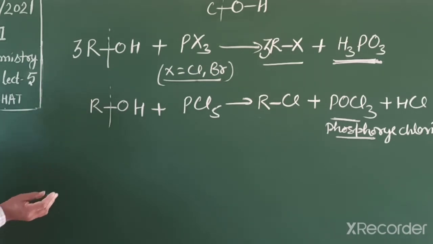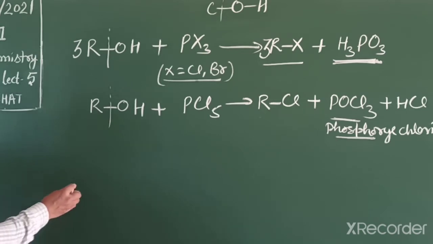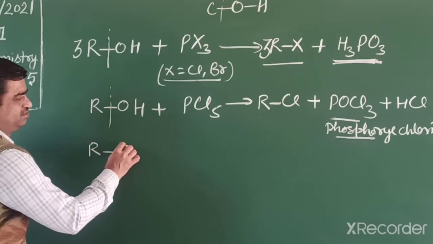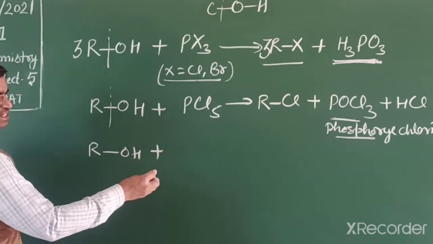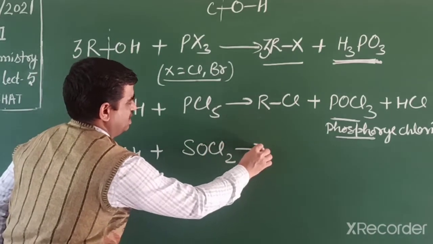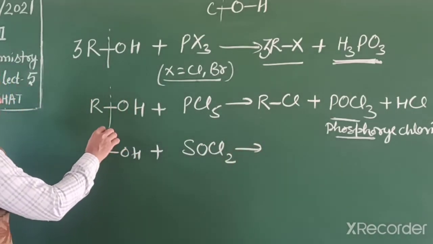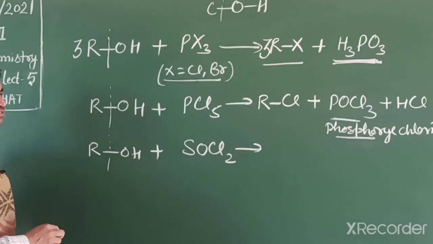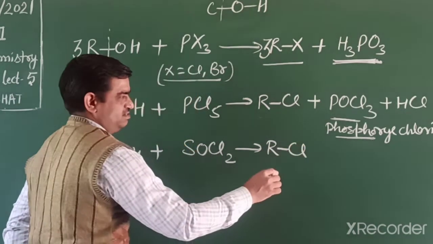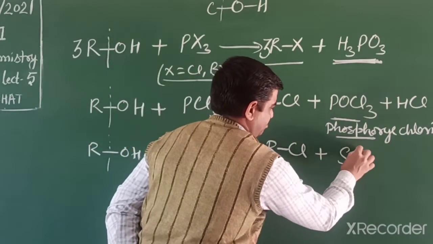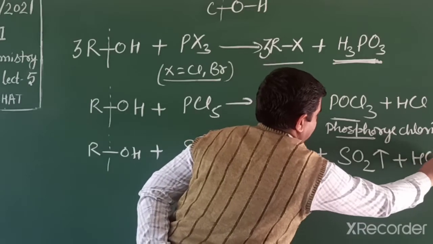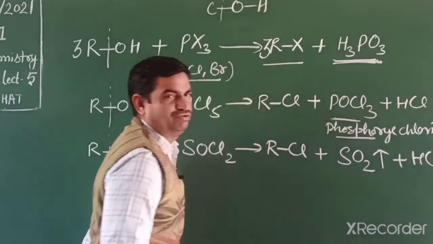In the last chapter we already discussed that if we want chloride from alcohol, then we take a suitable reagent, that is thionyl chloride, SOCl2. In this reaction also the carbon-oxygen bond dissociates, and we get the product alkyl chloride, and the other products are sulfur dioxide and HCl. These two products are also gaseous.